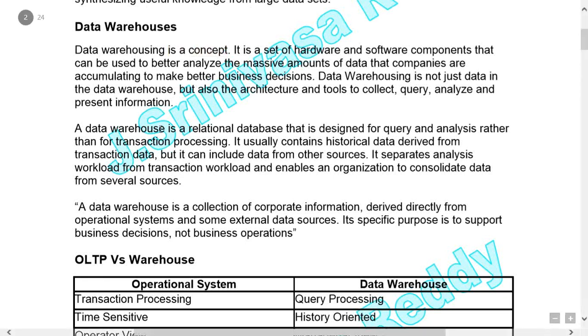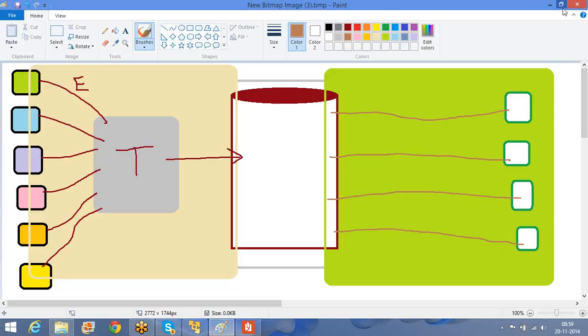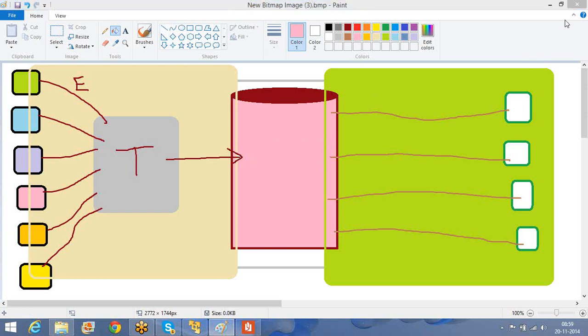What is a data warehouse? Simply a database. This is just your data warehouse, which contains your historical data, your analytical data for analysis purposes, for analytical system support. This is a relational database management system.